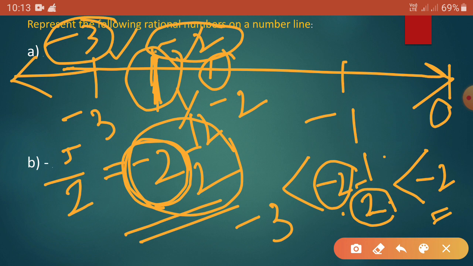So this is minus 2 1 by 2. Got it? This is minus 2 1 by 2. It will be in between minus 2 and minus 3.